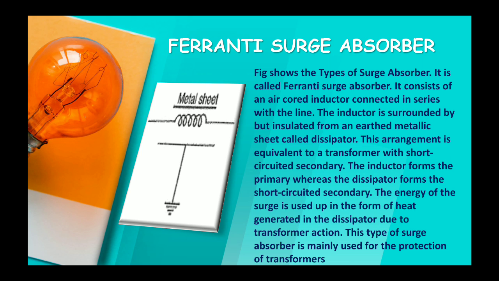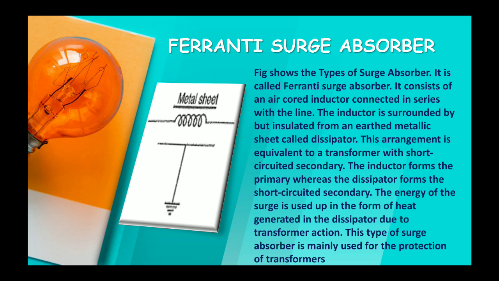It consists of an air-core inductor connected in series with the line. The inductor is surrounded by, but insulated from, an earthed metallic sheet called the dissipator. The arrangement is equivalent to a transformer with a short circuited secondary.